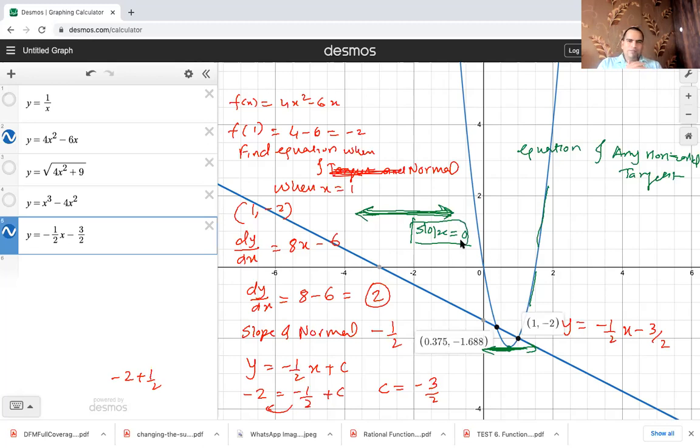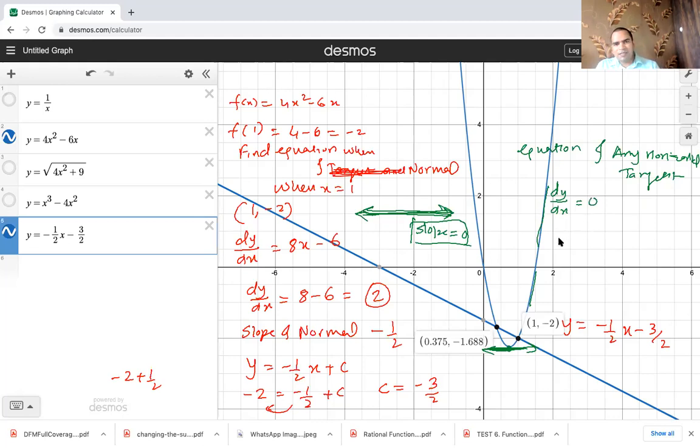Because it's a quadratic equation, we could have found the vertex, but this gives us a way to find the coordinate of the vertex again using calculus. So to find the coordinates where the tangent is horizontal, we just equate dy by dx to 0, because slope is 0.